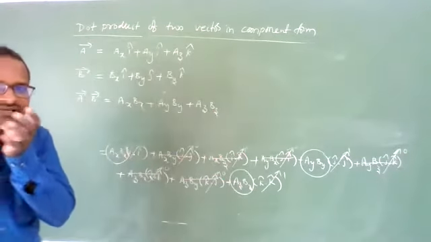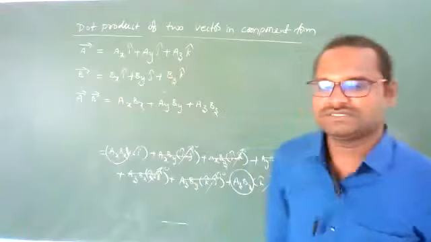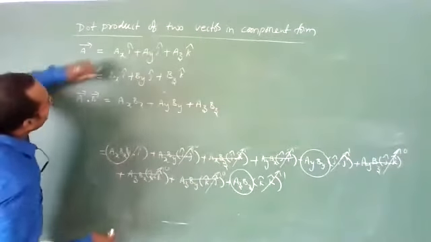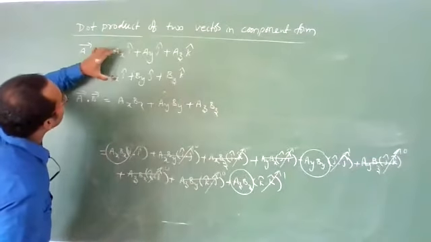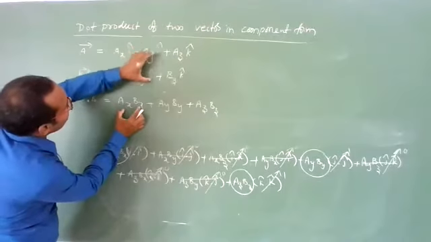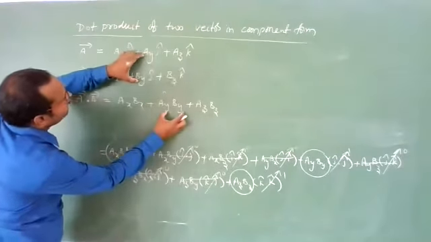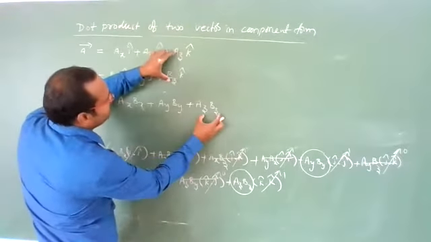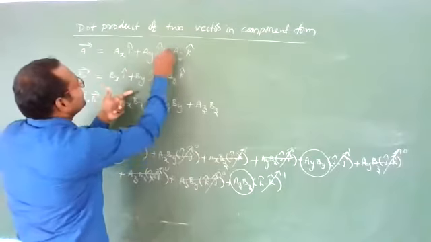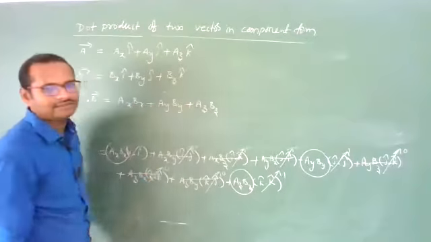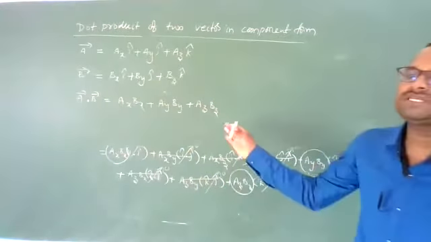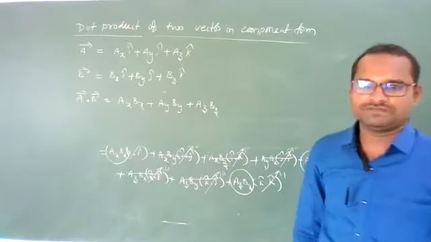This is the result. What you have to understand from this is whenever you are doing a dot product, the I coefficients we should multiply, the j coefficients we should multiply, the k coefficients we should multiply, and according to their signs we should add or subtract.